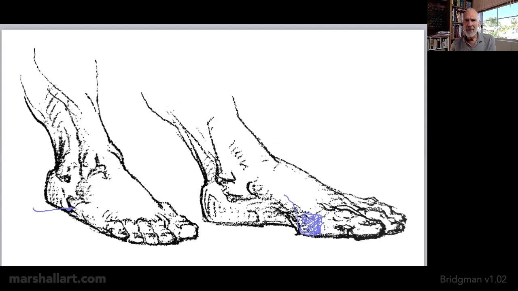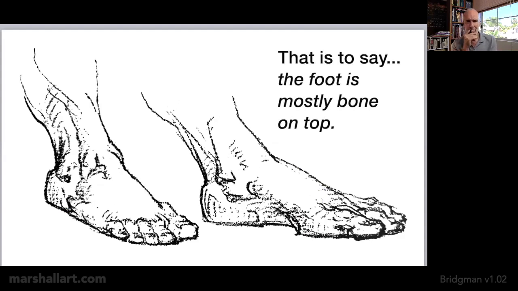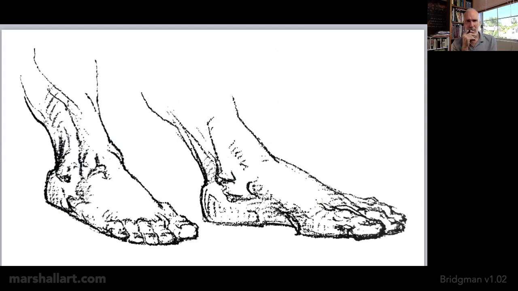And the entire back or dorsal side of the foot, those bones are right underneath the skin. They've got tendon over them. All of the toe bones, same thing. The bones are mostly foot on top. That's why we zero in on them. Study those bones, not the details.